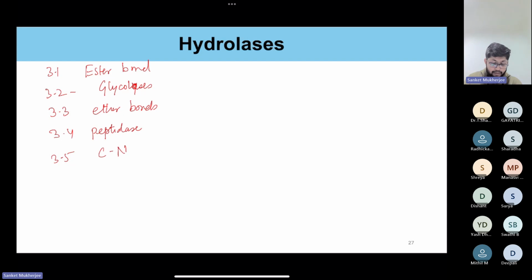So there are certain carbon nitrogen bonds which are not a part of peptides, and they are basically broken. 3.6 is acid anhydrides.